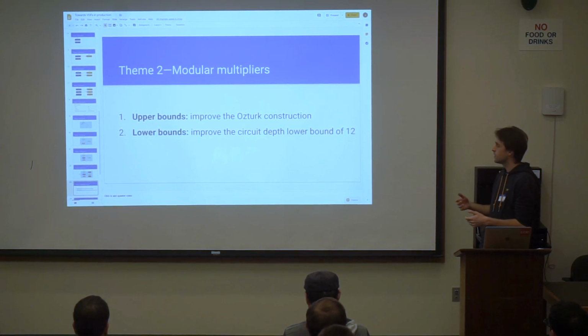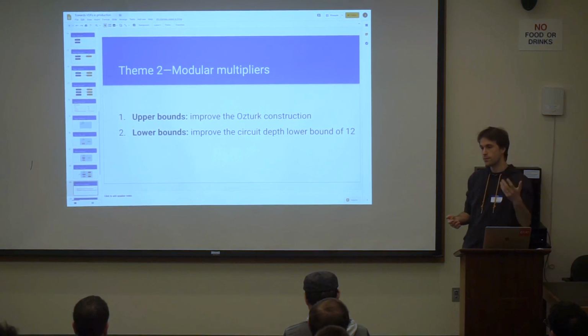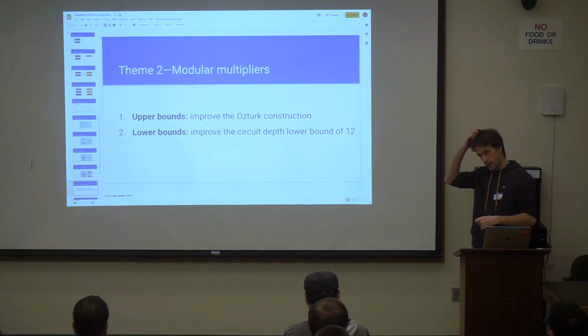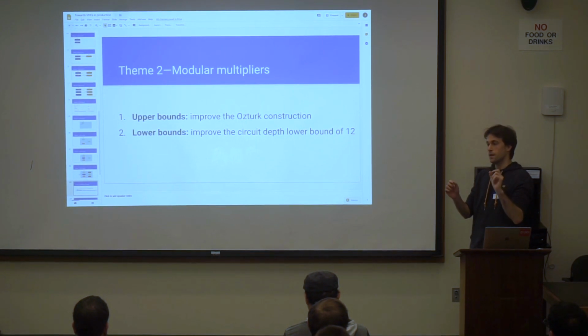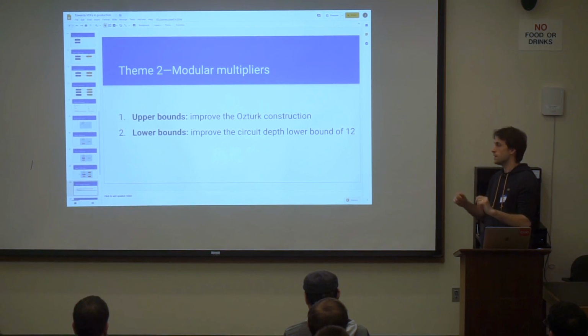It turns out if you have a model such as the two-input gate model, then you can trivially prove a circuit depth lower bound of 12. The reason is that you have 2,000 bits for the input that you're squaring, and 2,000 bits for the modulus, so that's 4,000 bits. If you only have two-input gates, the fastest way to mix in all the signals is using a binary tree, which will have depth 12.